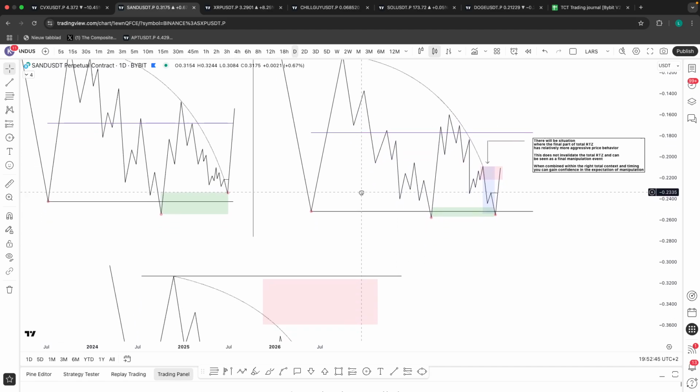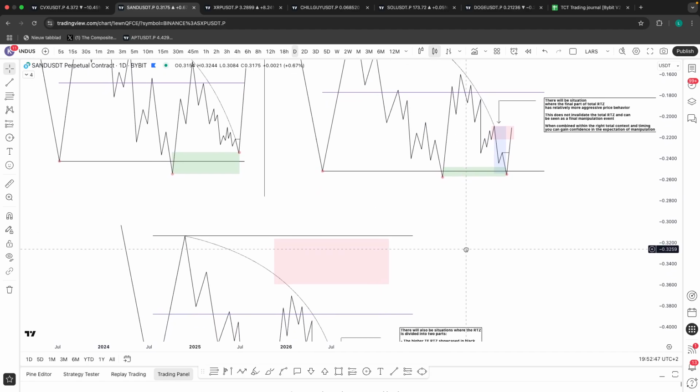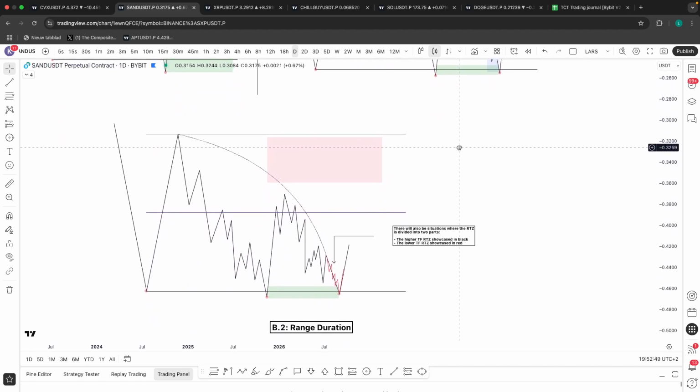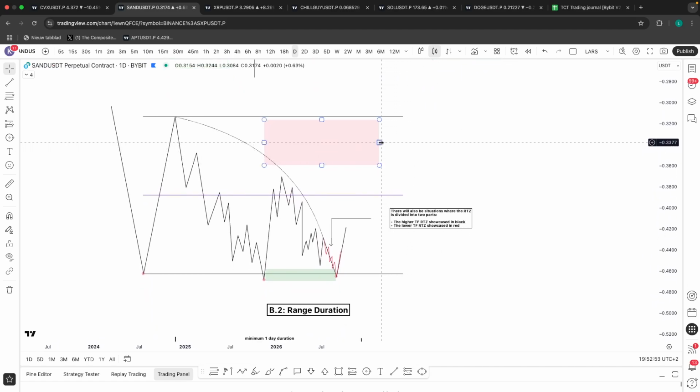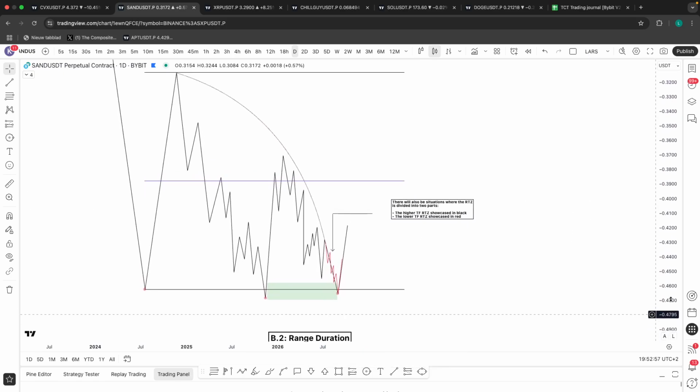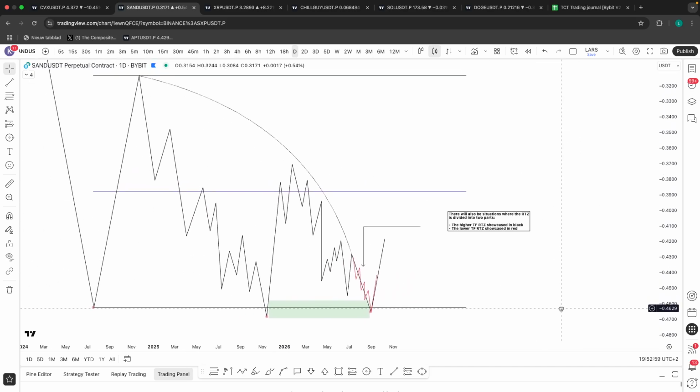The final kind of variable of having a quality return to zone is looking at the return to zone on multiple time frames. Okay, there will also be situations where the return to zone is going to be divided into two parts: the higher time frame return to zone, which we're going to be seeing here in black, and the lower time frame return to zone, which is showcased in red.